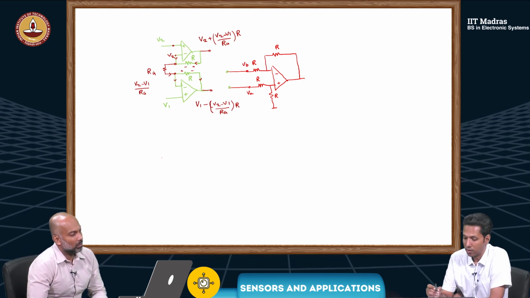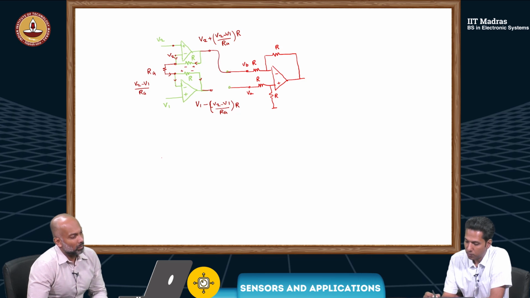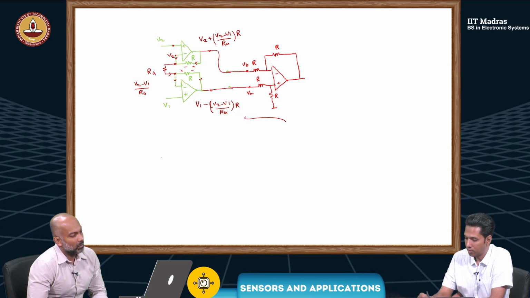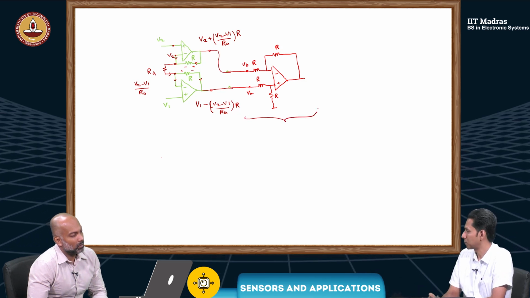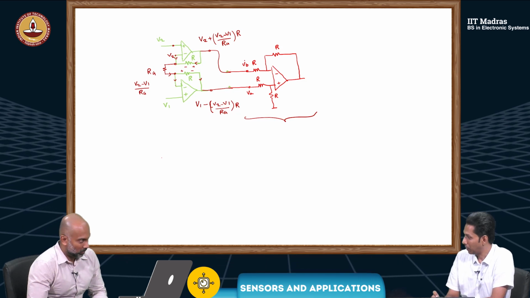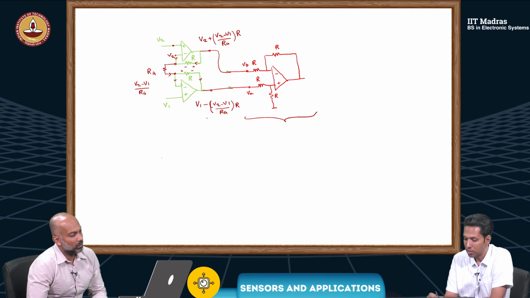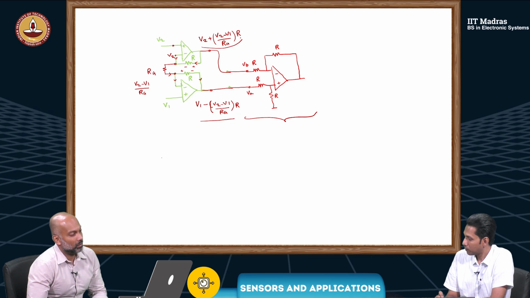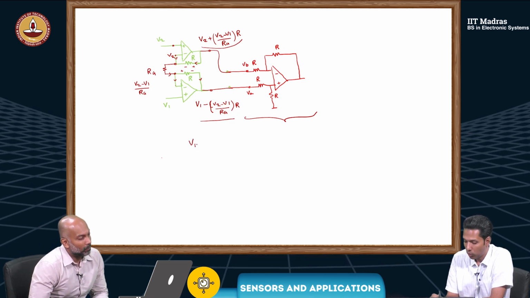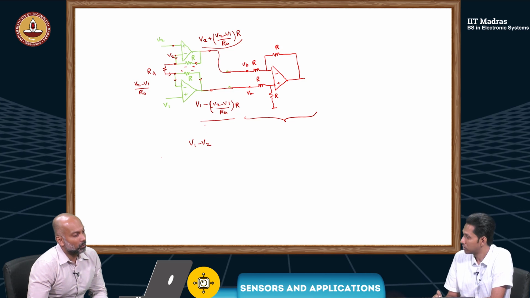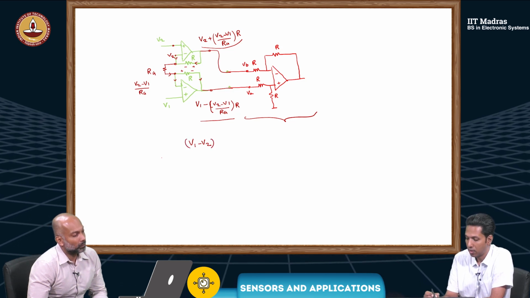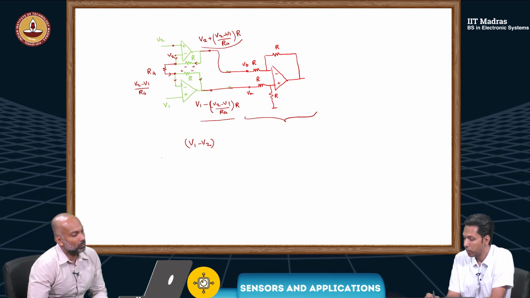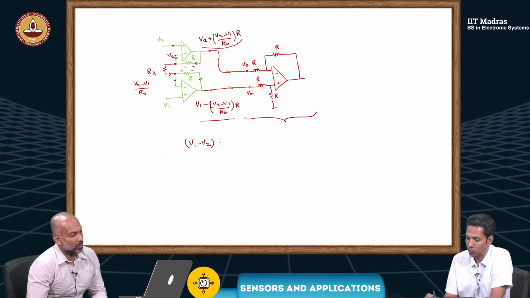Now suppose I give this to this and this to this. This unit is going to find the difference between these two, VA minus VB, differential. So whatever this voltage minus this voltage. That will be V1 minus V2, the first two terms. Then I can write it as, minus of V2 minus V1 means V1 minus V2.